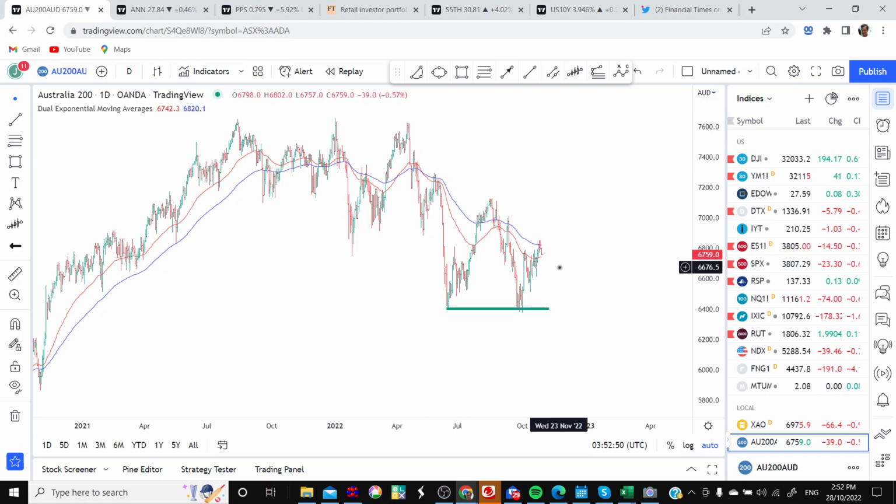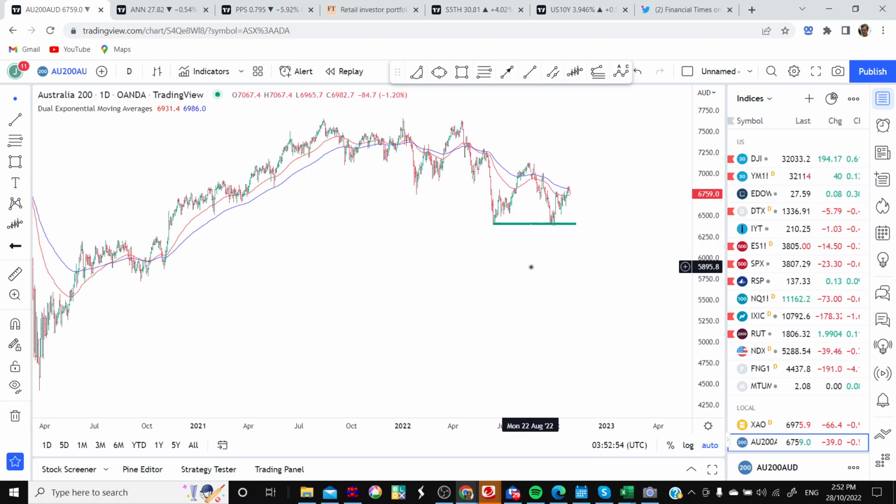But you'd look at an index like the ASX 200 and you just wouldn't know that, because by its nature, this is a capitalization weighted index, so it relies mostly on what the biggest stocks are doing, and if they're not trending, neither is the ASX 200.